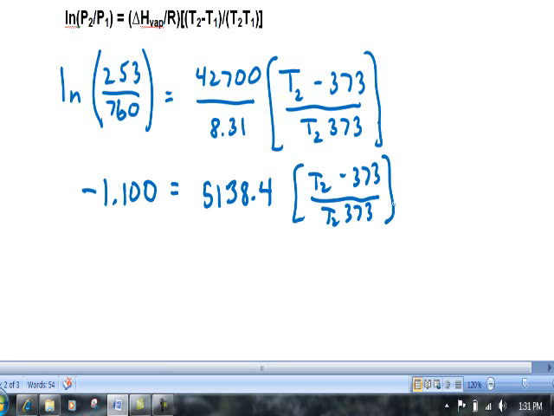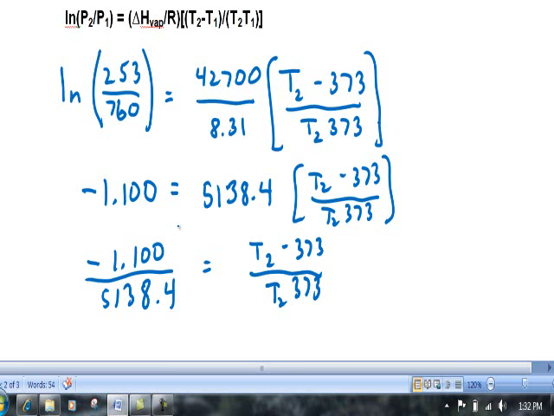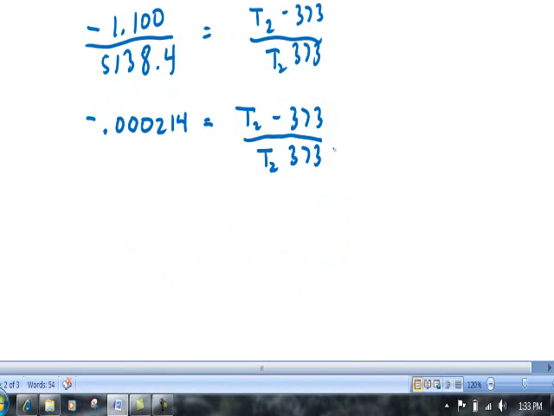This brings us to this point where we have negative 1.100 is equal to 5,138.4 times T2 minus 373 divided by T2 times 373. Continuing to try to isolate T2, let's divide out by 5,138, and that will lead us to the next part as we try to simplify our equation.